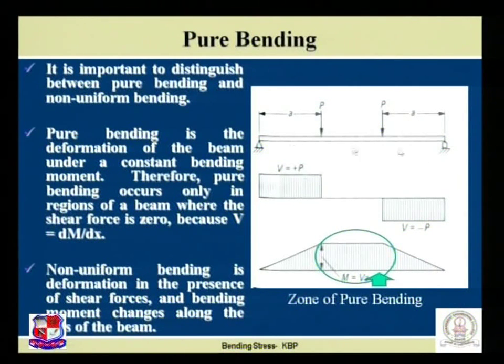Let us take a simply supported beam with two point loads, where all three regions are equal. If L is the length of the beam, then each part is L by 3. If we plot the shear force diagram, we first have to find the support reactions. Let us plot it on the tabletop.